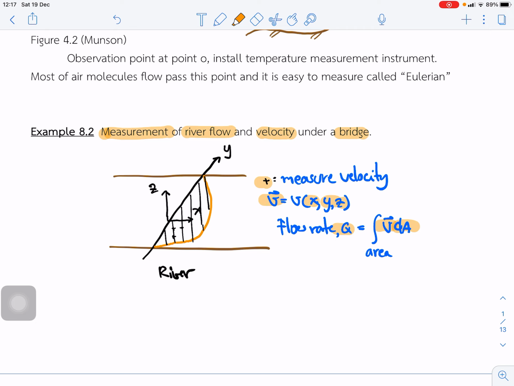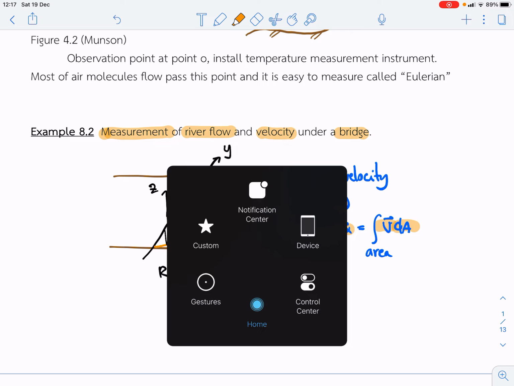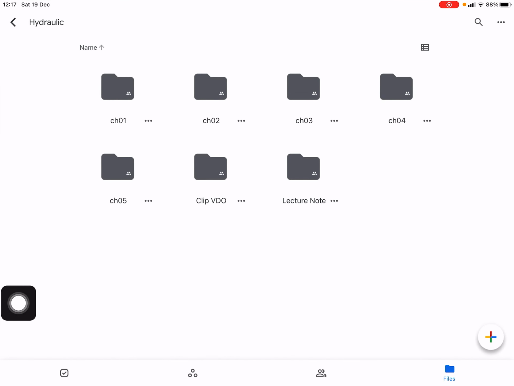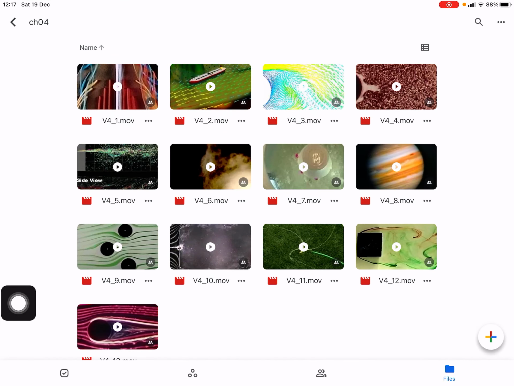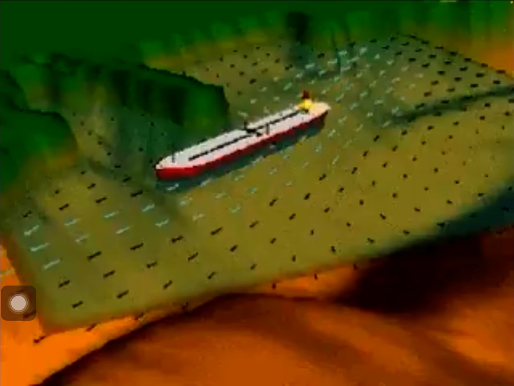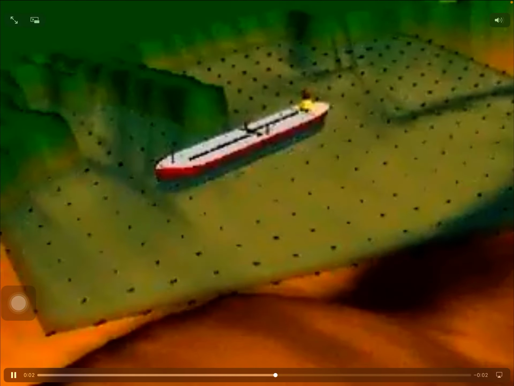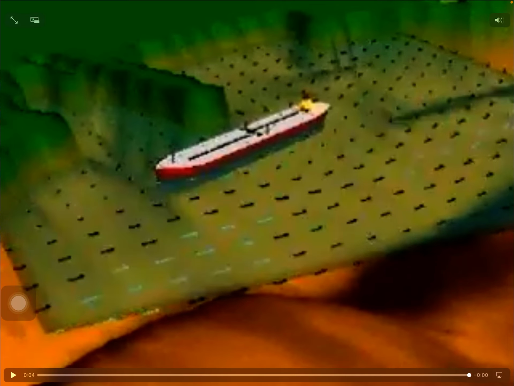Next, I'm going to show you clips about the flow velocity field. So this is the velocity field, what it looks like.